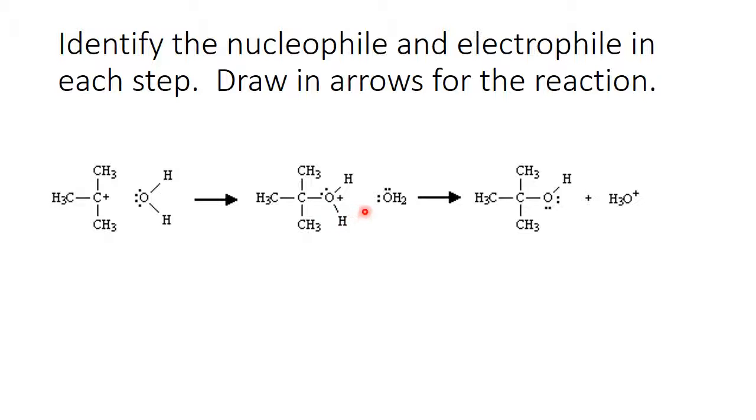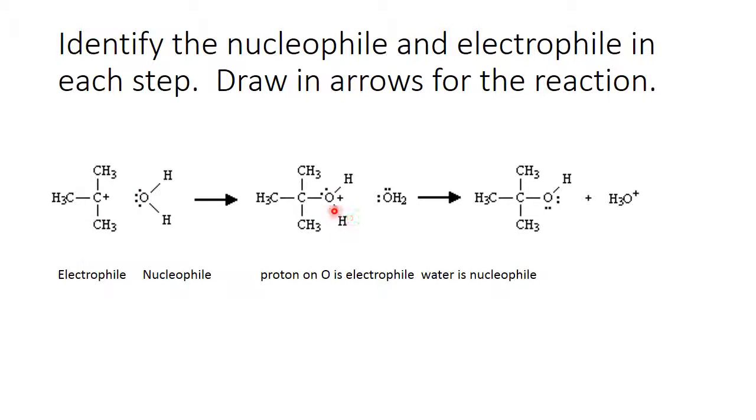So it's actually giving up the proton. The nucleophile here is the water molecule, and the non-bonding pairs are reaching out and grabbing this proton, and then these electrons are jumping onto the oxygen to form a non-bonding pair. So, electrophile, nucleophile.